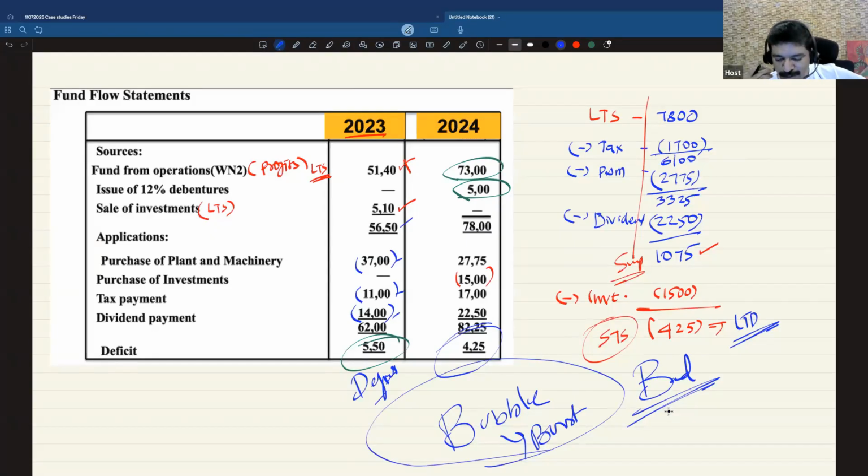It communicates a lot of stories, because for the balance sheet, P&L and all, you have to use the information, corroborate, relate, only then can you make anything out of it. But this is one statement which will communicate a lot of things: their decision-making strategies, their strategic financial management, whether they are making financial mismanagement, whether they are diverting, whether they are smart in their investment decisions. Everything will come into light when you read this fund flow statement.